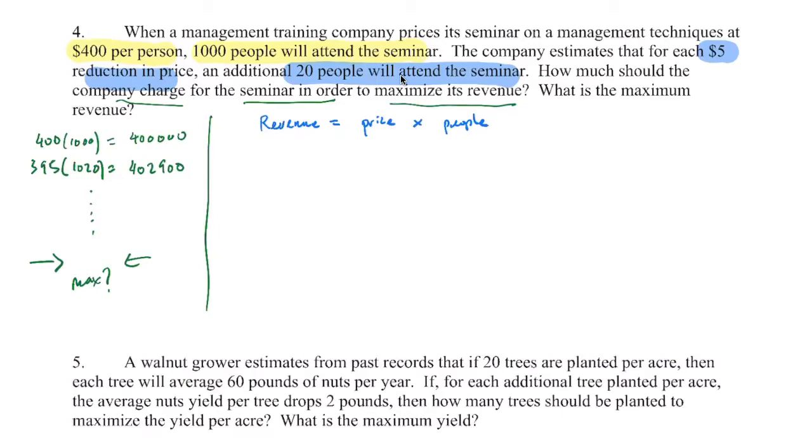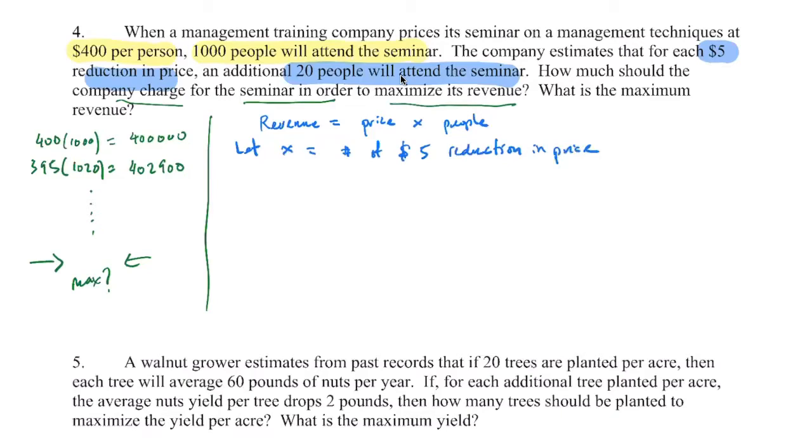So we can start by letting the variable be what is changing. In this case, the price is changing by $5 reductions. So our variable is x, the number of times we reduce the price by $5.